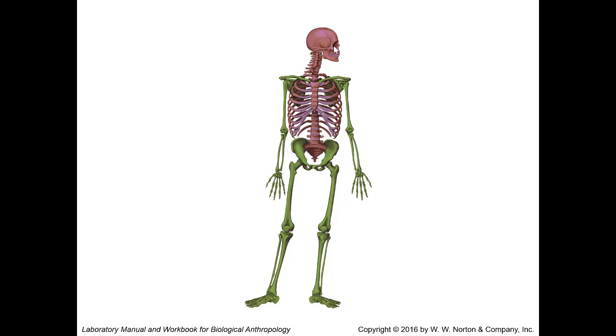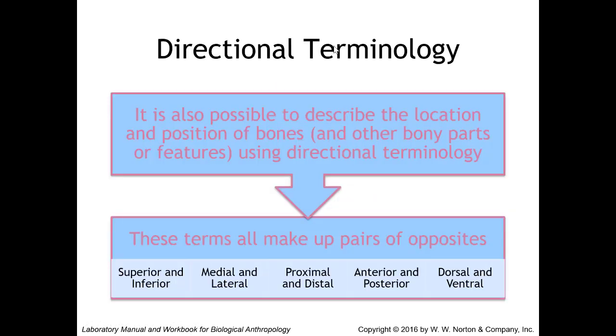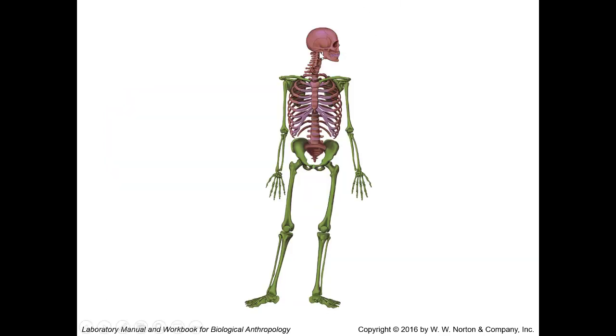Anatomical position is facing forward, head facing forward with the palms facing forward as well. Arms down, palms facing forward. That is anatomical position. So if this cranium was turned our way, facing us, it would be anatomical position.